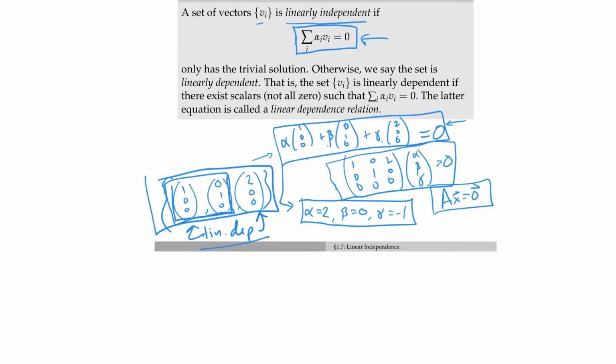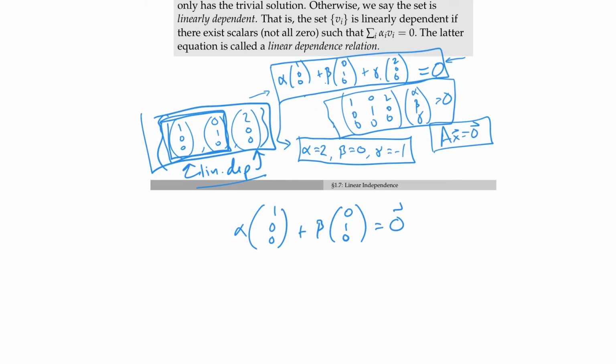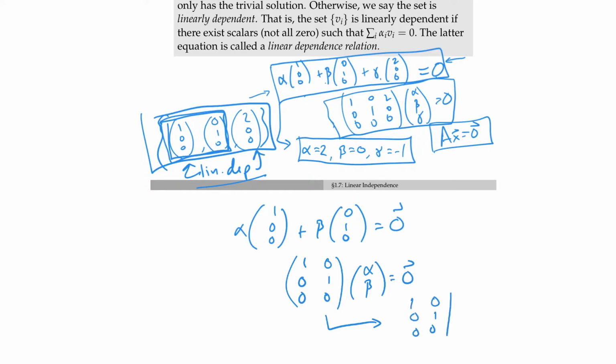This subset right here I've boxed in is going to be linearly independent if this equation only has the trivial solution. Well, how do you determine if it only has a trivial solution? Well, what you can do is turn it into a matrix equation. That matrix equation is actually an augmented matrix. This right here is what?